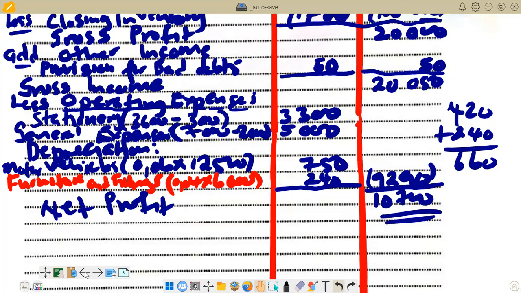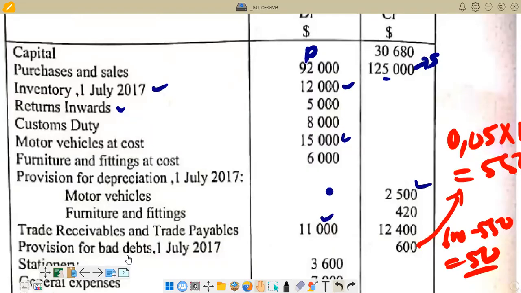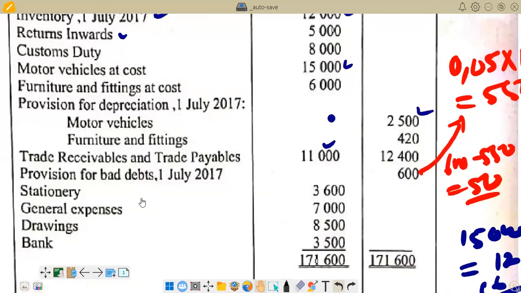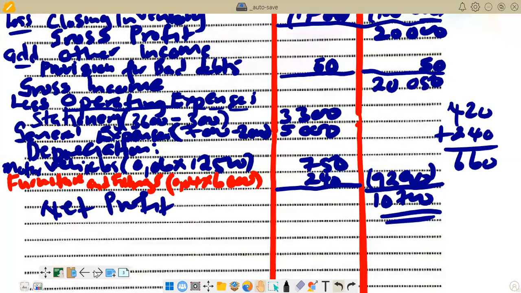Then we input that one for opening capital, 30,680. And then we also check the figure for drawings. 30,680 is for capital, and for drawings we are seeing it here is 8,500. We are going to subtract it, and the figure that we are going to add is for net profit. We can check it in the income statement. It's 10,700 that we calculated.